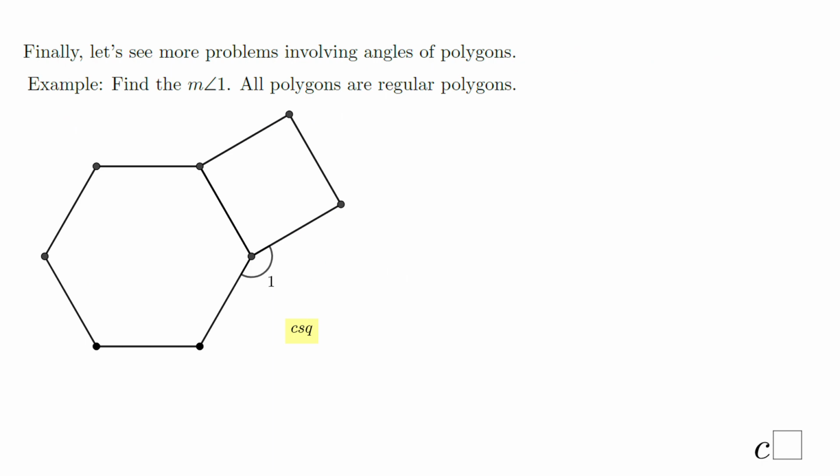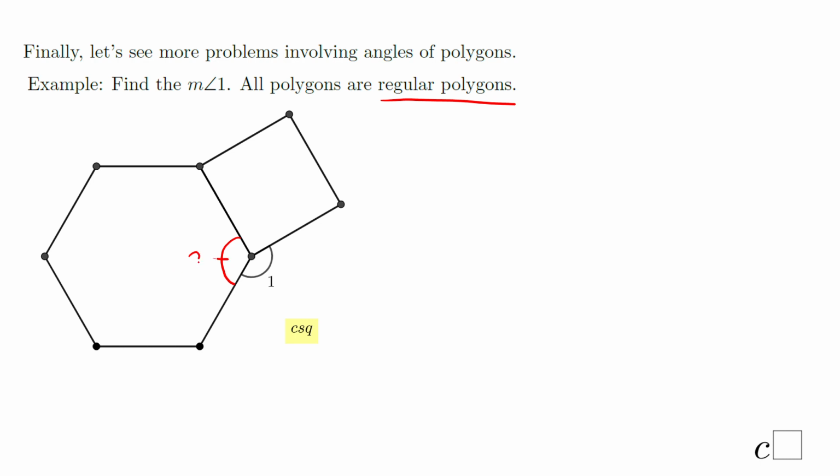Let's take a look now at some other problem that involves polygons, like in this case here. If you notice, we have two regular polygons. We have a hexagon, this one, and a quadrilateral or square in this case. We need to find the measure of angle 1. For finding the measure of angle 1, we're going to need to find this angle.